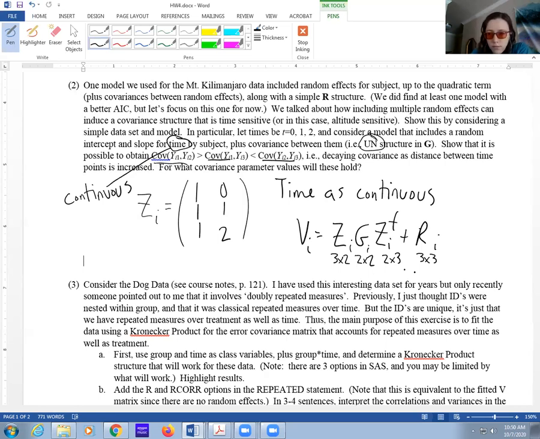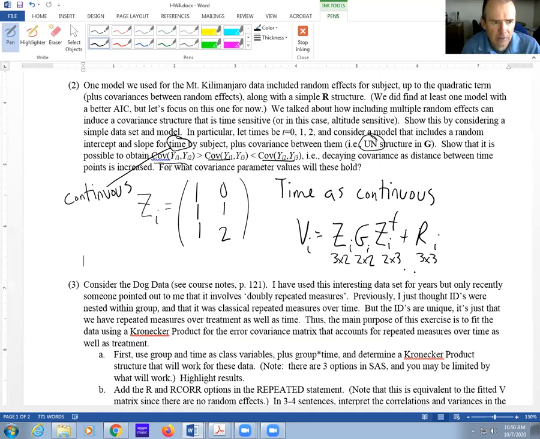No, so you still have your intercept and slope. It's just that then you're assuming that there's no covariance between where you start and the slope of that line, that those are independent of each other. So it's the same model. You have the same interpretations for the intercept and slope.